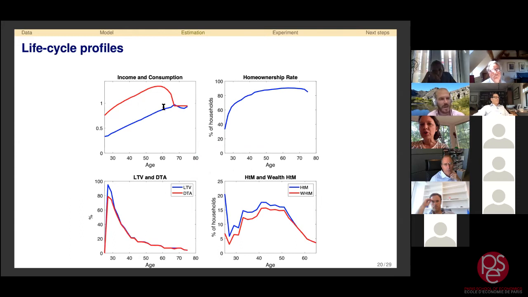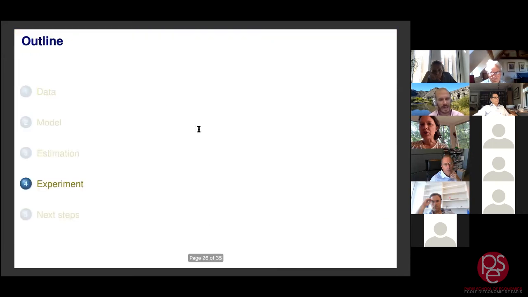Here we have the income and consumption on the top left panel, the home ownership rate profile across age, the loan to value and the debt to total assets profiles, and the hand to mouth or wealthy hand to mouth profiles for different ages. And again, the hand to mouth profile, if you remember, is pretty similar. Sorry, I don't have the overlaps from the data here.